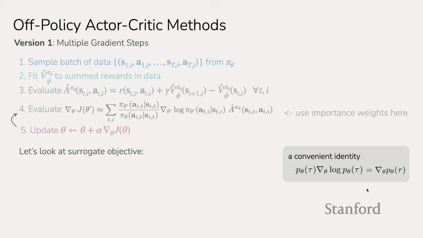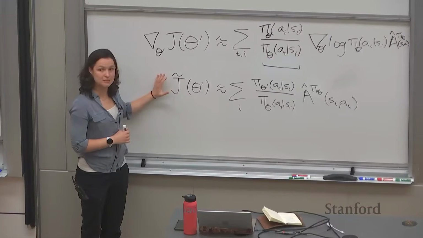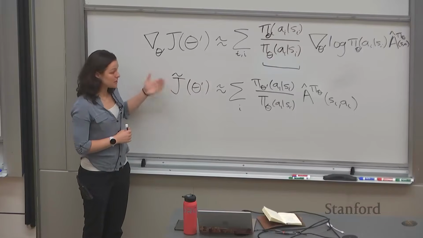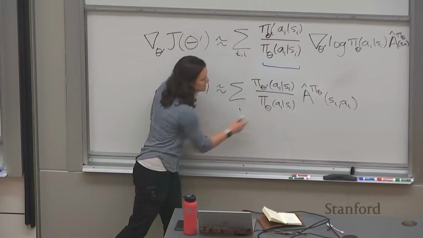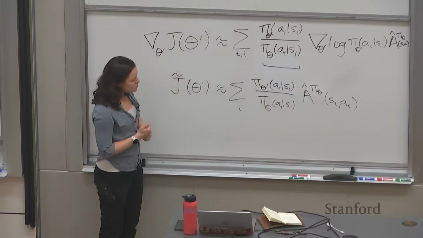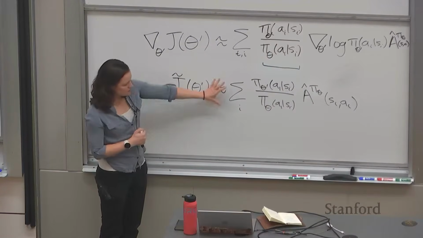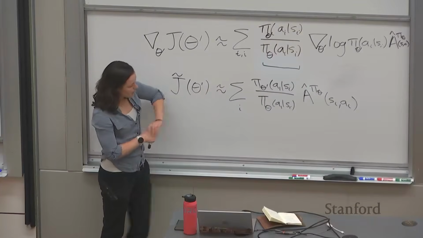So you can see this on the slides. Here's our surrogate objective right here. Now, the policy is going to be trying to maximize this when we take gradient steps on our policy. If we're trying to maximize this objective, we have our advantage estimates.